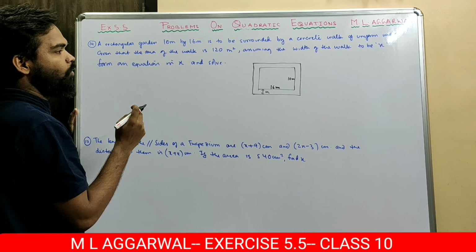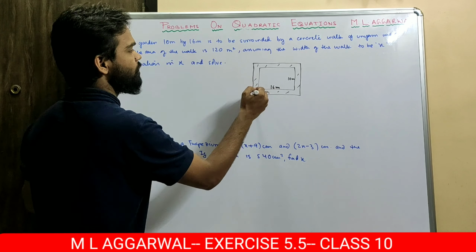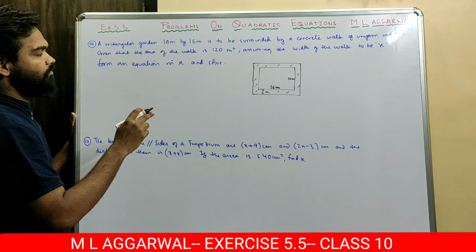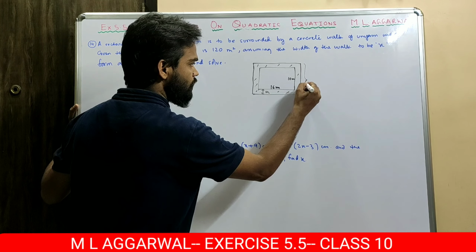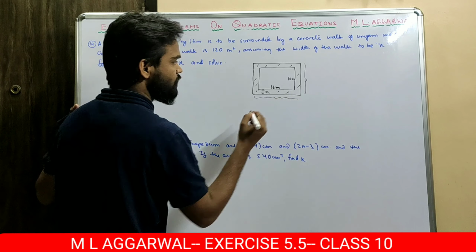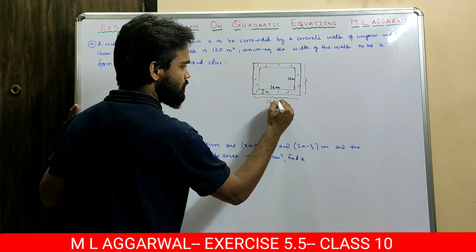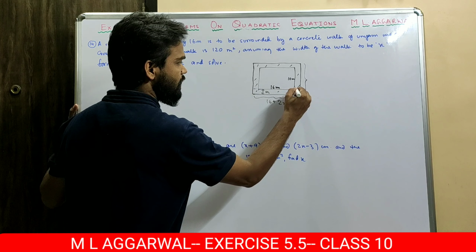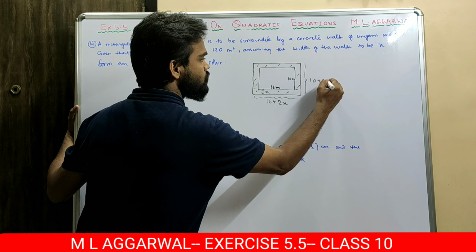If the area of the walk, which means area of this shaded region, is 120, form an equation in x and solve it. Now look carefully. For the outer rectangle, the length becomes 16 plus 2x, x on this side, x on this side. The breadth becomes 10 plus 2x.